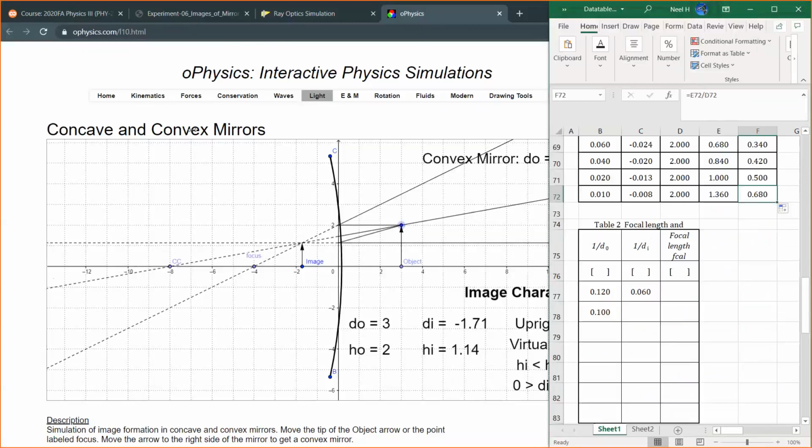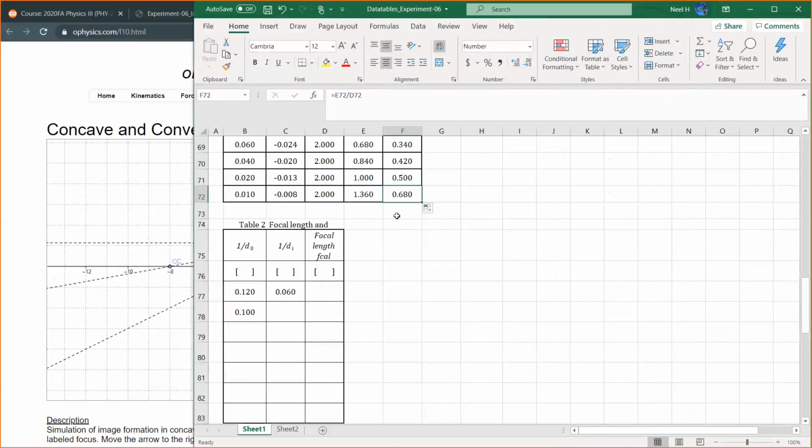Okay, now let's do the same check we did earlier. It doesn't matter what type of mirror it is, the mirror formula should still be validated, right? So let's check that. Let's do 1 over d0, similarly to what we did earlier, 1 over meters, 1 over di, 1 over meters.